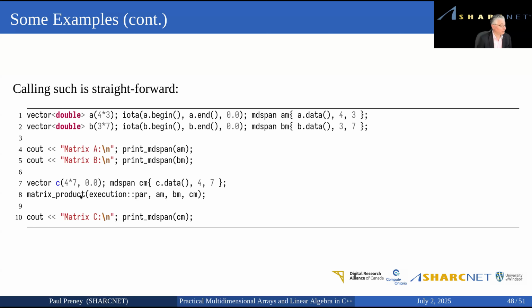And matrix product is one of those routines. And I pass in an execution policy, and it's A times B, put the result in C. Okay, so that's it. That's all I have to do. So if I have a using namespace and all that already done, standard and all the namespaces I need, then this code will do it.